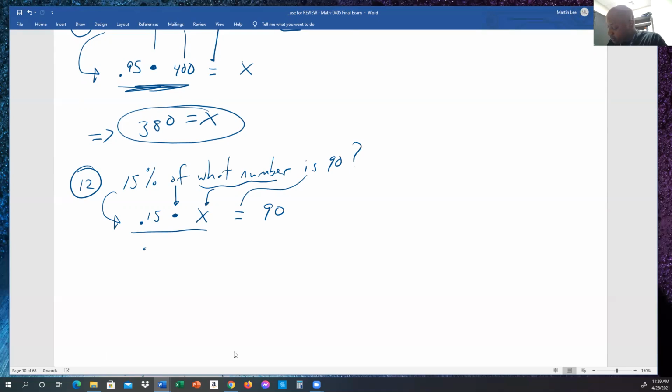Divide both sides by 0.15. And that gives me X is equal to 90 divided by 0.15, which is 600. So 15% of 600 is 90.